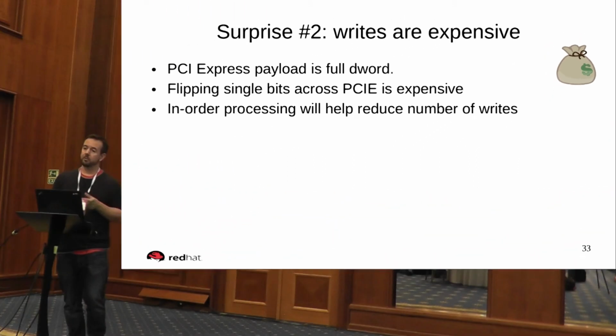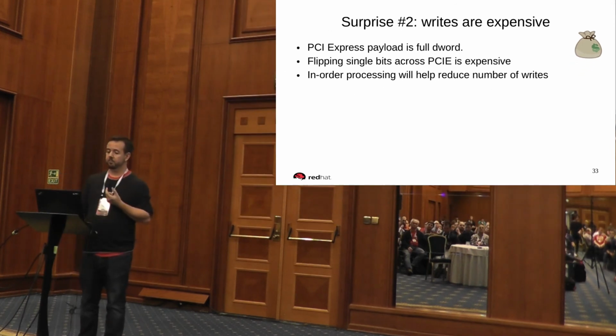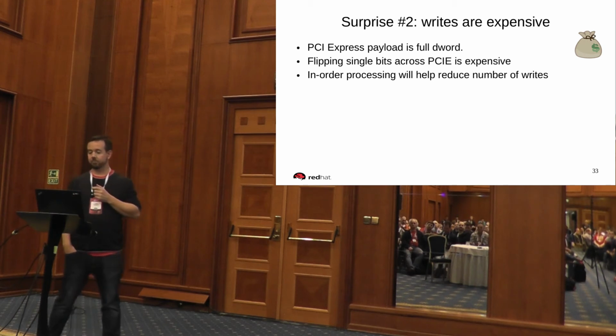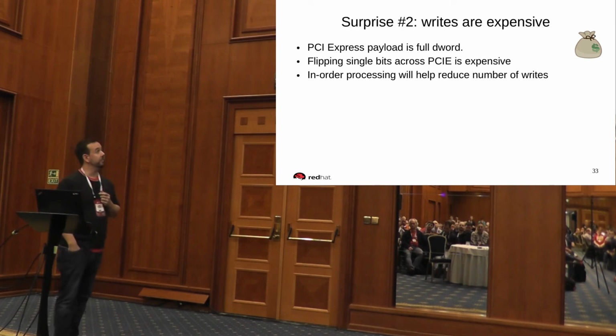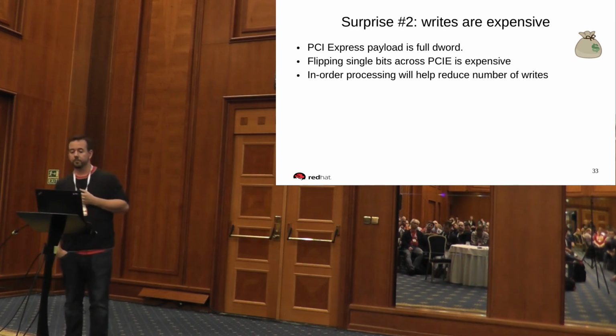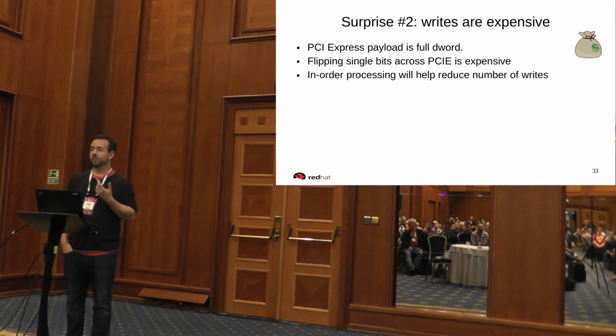Another one: when we think about hardware, writes are expensive. So another optimization would be reducing the writing out of used descriptors, because each write means some overhead. A PCI Express payload is a full D word, and that should be expensive.